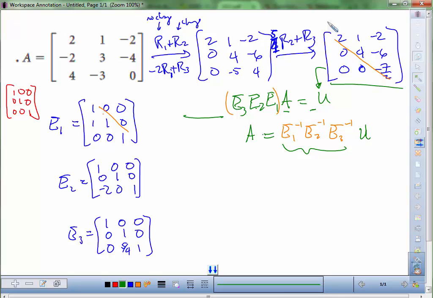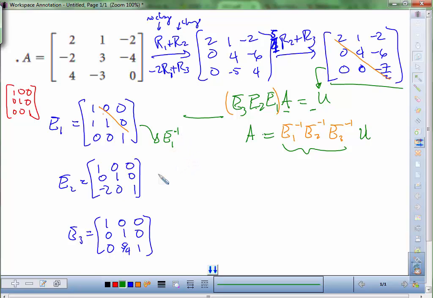All right. So let's take a look at the inverses of these things. I mean, we should. But what if we just say they're lower triangular and they're okay? Okay, let's take a look at them. How would we deal with E1 inverse?